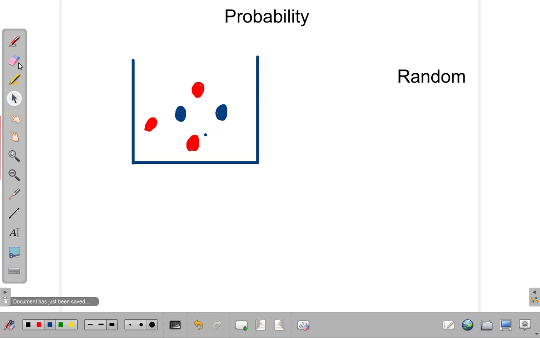Now, the thing is, how many marbles do you have in the box in total? The total number of marbles. 1, 2, 3, 4, 5 marbles. So you have 5 marbles in this box. Let's make a note of that.